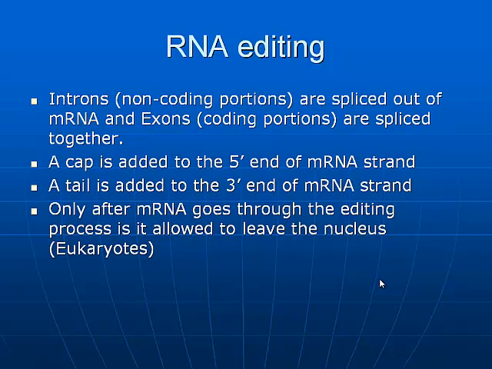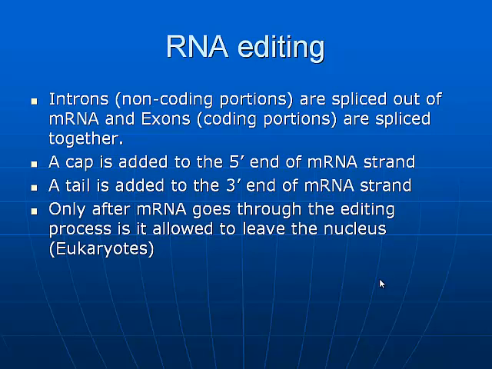Another part is RNA editing. This is only important in eukaryotes. They have to undergo an editing process before they are allowed to leave the nucleus. One of these processing techniques is the splicing out of introns. Now, introns, which are non-coding portions or intervening sequences, are spliced out of the mRNA.